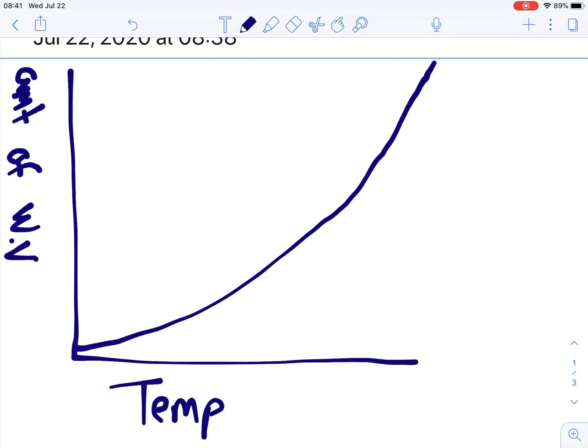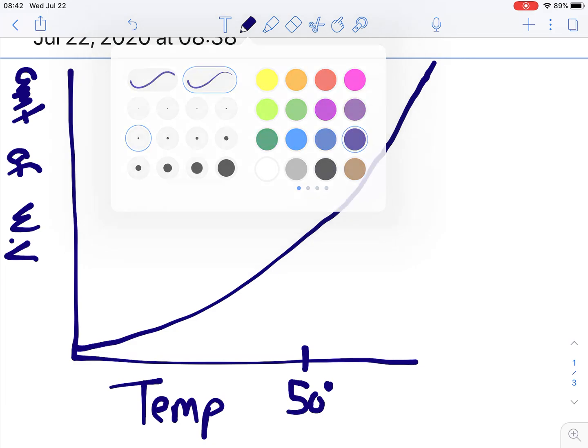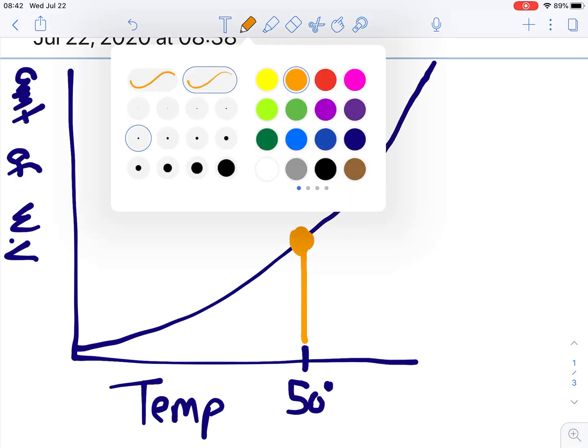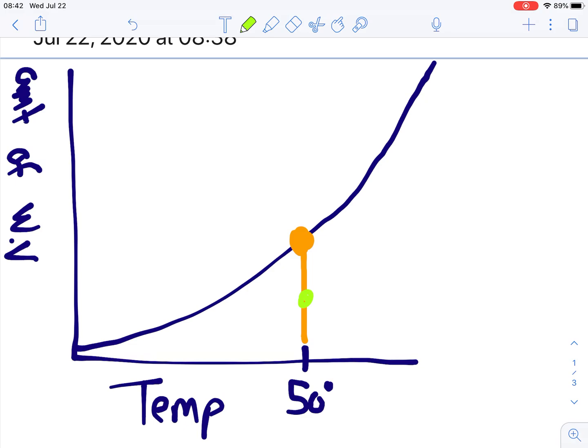So let's just say that this is 50 degrees, right? At 50 degrees, my air can hold this much water, where the orange dot is. If it's at the orange dot, we can say that it is saturated, meaning at 50 degrees, it's at the line, so it can't hold any more water vapor. It's holding as much as it can.